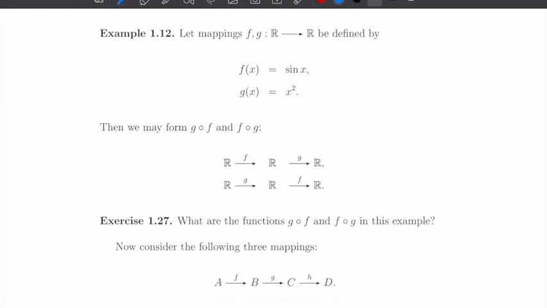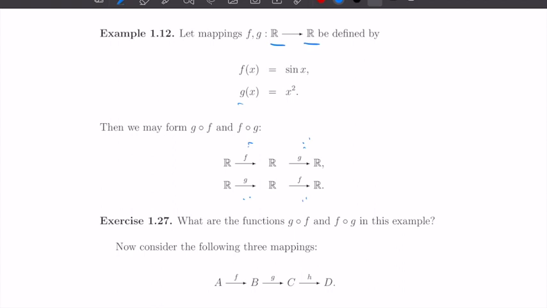And another example. From real numbers to real numbers, f of x is sine x and g of x is x squared, and you can combine these two functions in either order, f and g or g and f. F followed by g, g followed by f.